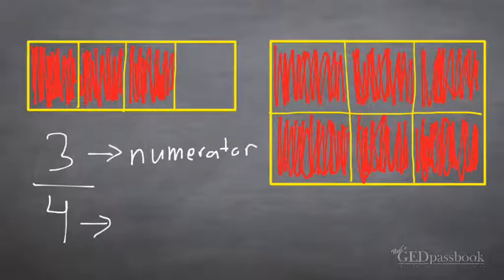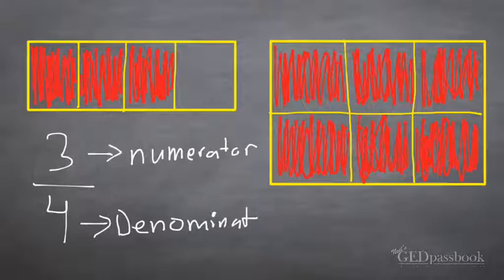The numerator, and the bottom number is the denominator. Top number numerator, bottom number denominator. From this point forward, you'll hear me say, add the numerator, subtract the denominator, and so on. That's your indicator to know that the top number is the numerator and the bottom is the denominator.